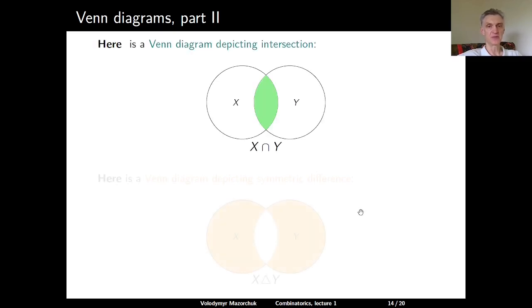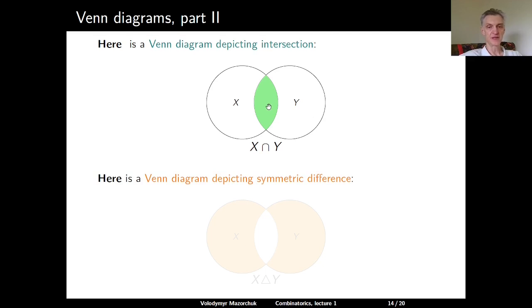So here is another example. It's a Venn diagram depicting the intersection of two sets. Again, we have a circle which represents the set X and the circle which represents the set Y, and what is colored here are the common points, the intersection of X and Y. And here is yet another example.